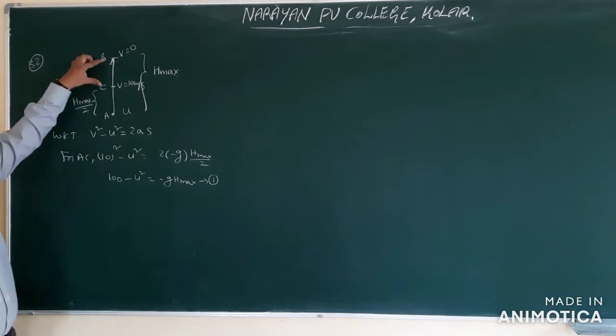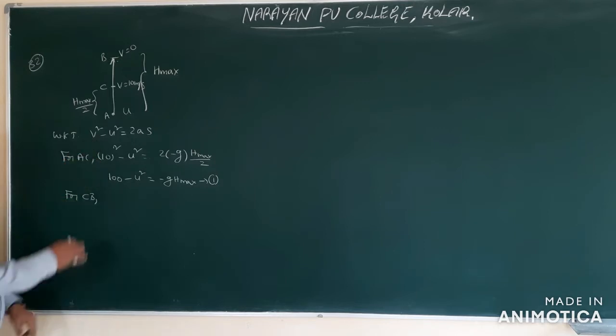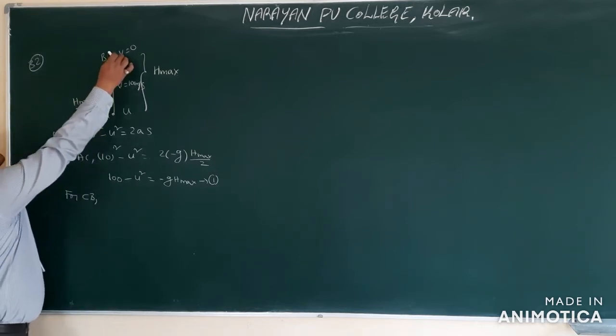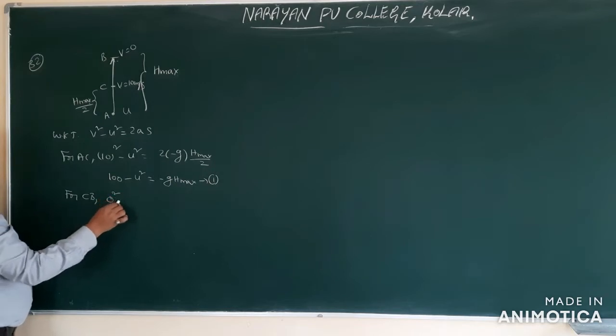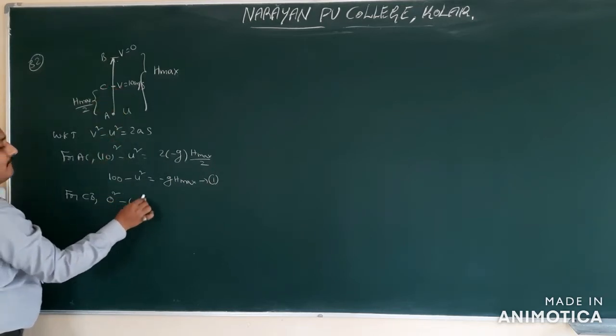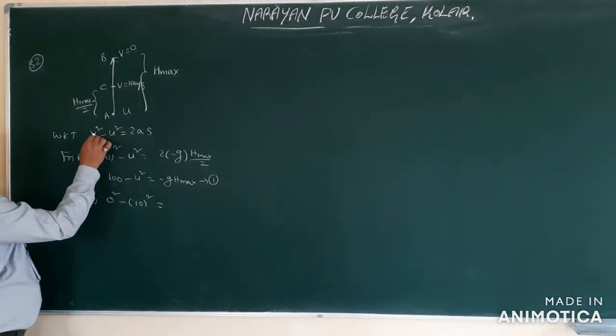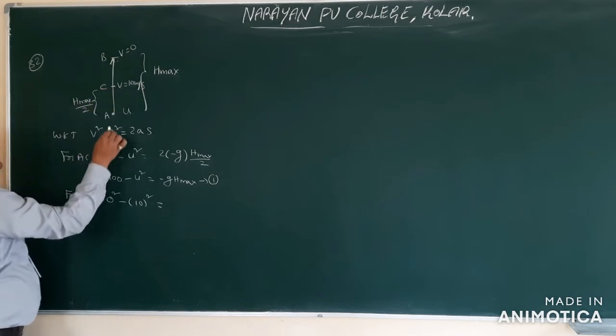Now we are going to apply for BC. For CB, same formula we are going to apply. For CB, what is the final velocity? 0. 0 square. What is the initial velocity at C? 10 square. This formula we are applying: v square minus u square. V means final velocity, that is 0. U means initial velocity.